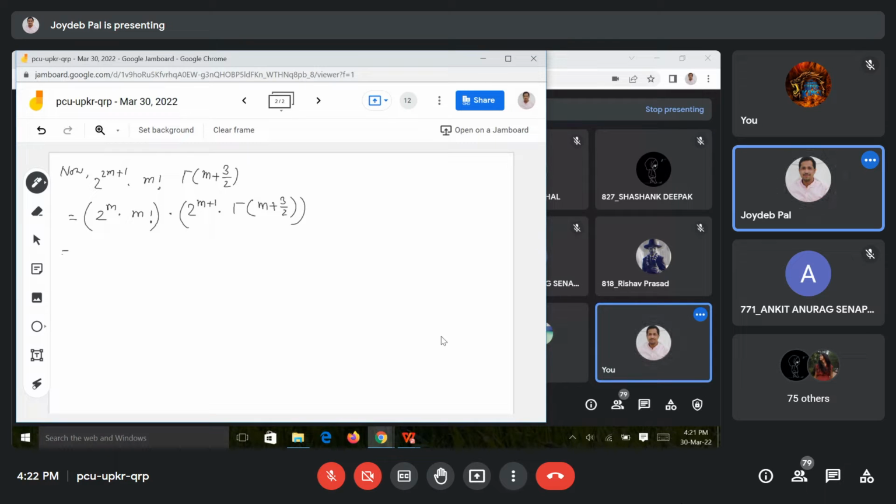Now this part: there are m number of 2's, and if you expand this m factorial, it is 1, 2, 3, 4 up to m.